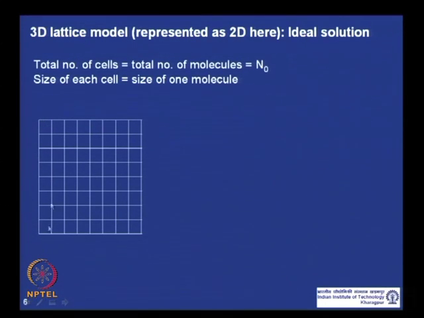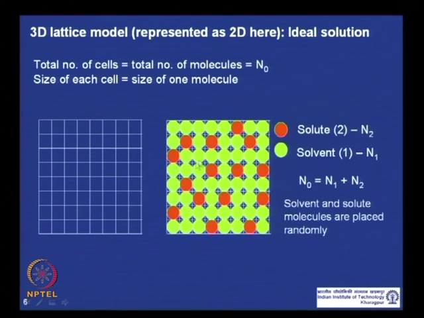In this slide it is shown as a 2D version of the 3D lattice. You can imagine that it is a 3D lattice. So, now we have N0 cells and N0 molecules, and the size of each cell is equal to the size of one molecule. Now, let us place the solute and solvent molecules.